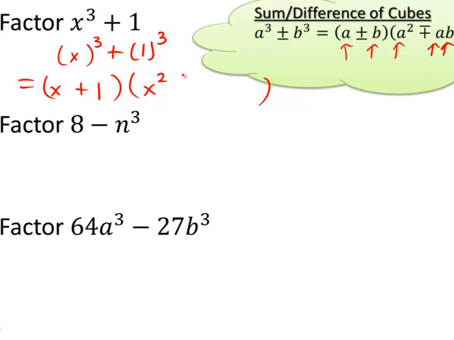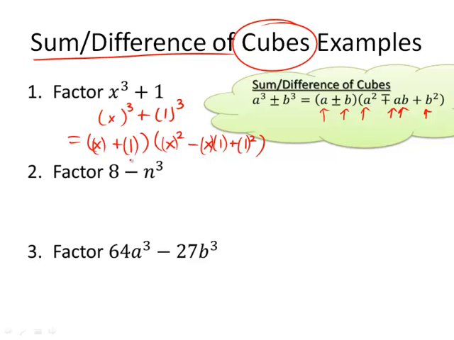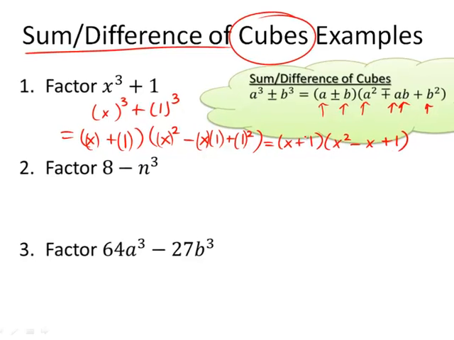You could open little brackets for yourself if you'd like, minus the first times the last, x times 1, and plus the last squared. These are simple, so I'm not putting little brackets, but you could be going like this and just inputting the numbers. So that simplifies to give you x plus 1 times x squared minus x plus 1.